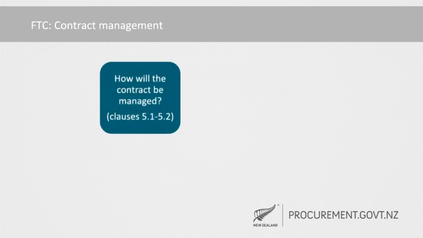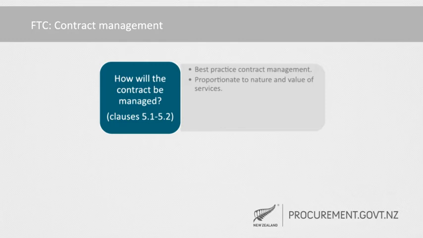The next section of the framework terms and conditions is about how the contract will be managed. The underlying principle is that the agency will follow best practice contract management. This means making sure that the contract management requirements are proportionate to the nature and value of the services and associated risks to the agency and clients. The focus should be on evaluating the effectiveness of services and whether the desired client and population or community outcomes are being achieved.